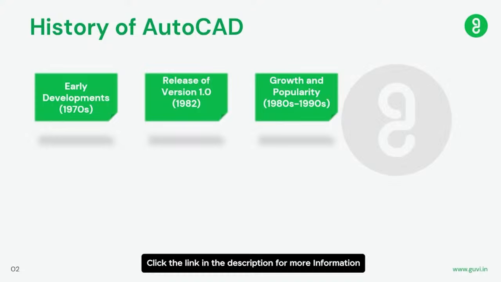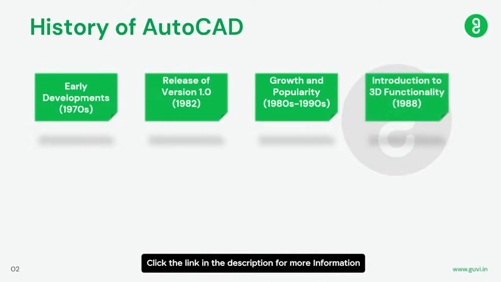It became the industry standard for computer-aided design and was widely adopted in architectural, engineering, and manufacturing industries. The introduction of 3D functionality in 1988 gave modeling capability that allowed users to create and visualize 3D objects and designs. The 3D functionality further expanded in subsequent versions, providing more advanced modeling tools and rendering capabilities.